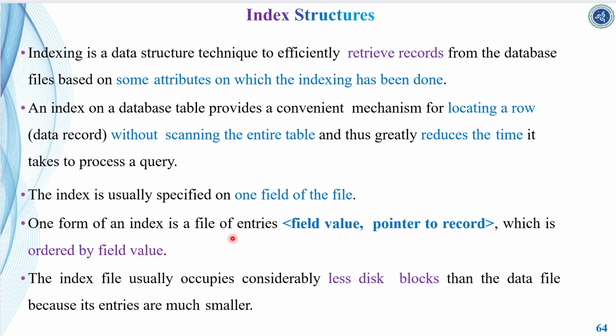It is not necessary for the field values to be ordered; there are some indexes where ordering is not done. The index files occupy considerably fewer disk blocks than a data file because their entries are much smaller.